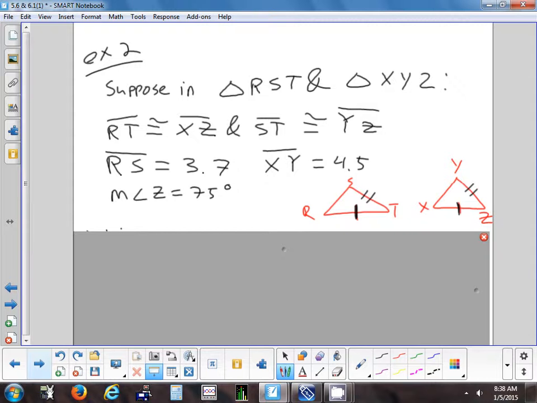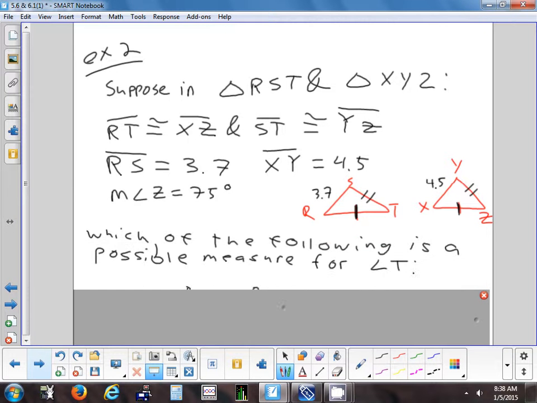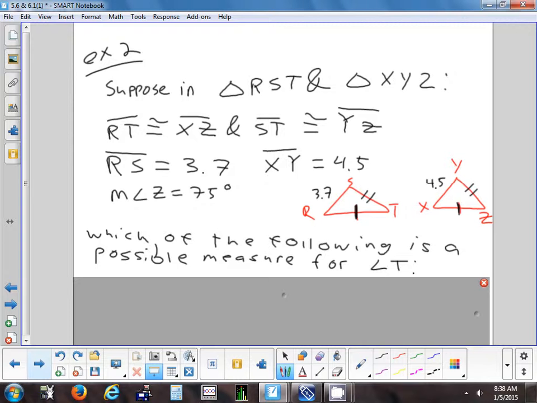Now they're telling me that RS is 3.7 and XY is 4.5. What else do they tell me? Angle Z, 75. What do you know about angle T? It's going to be smaller than angle Z, right?